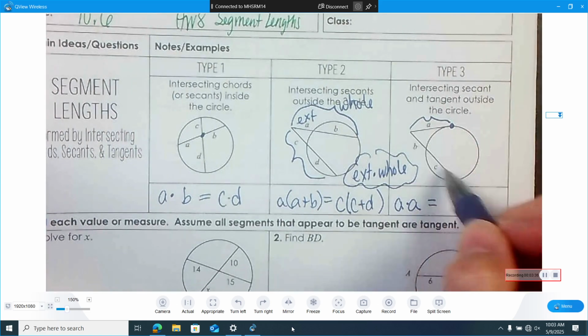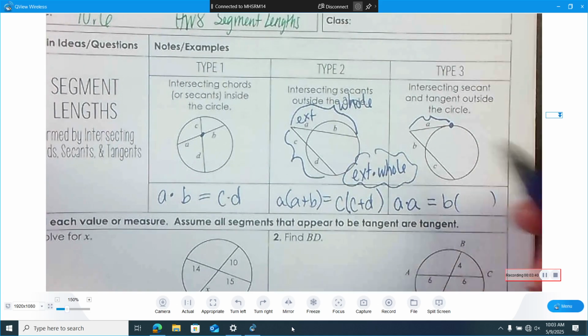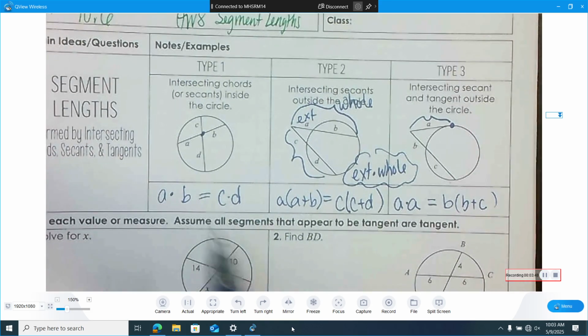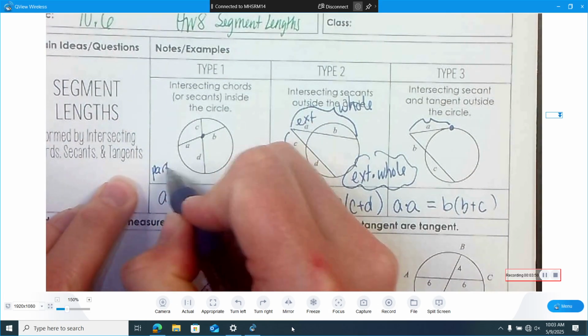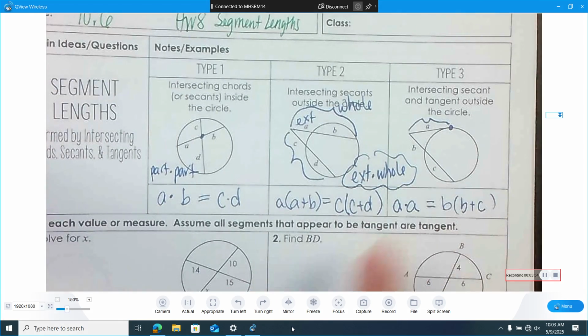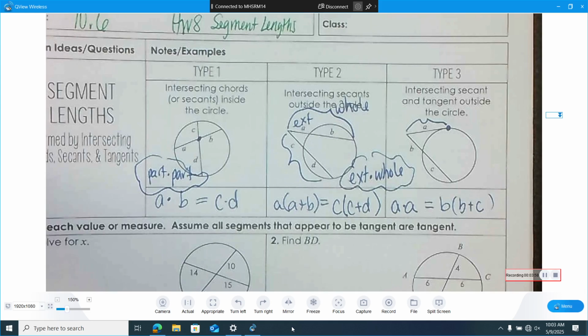And then our secant line here, again, the exterior portion is B, and the whole thing would be B plus C. So it's really just exterior times whole. So let's see, we have part times part, or exterior times whole. So really only 2 things that we need to think about to find these segment lengths today.